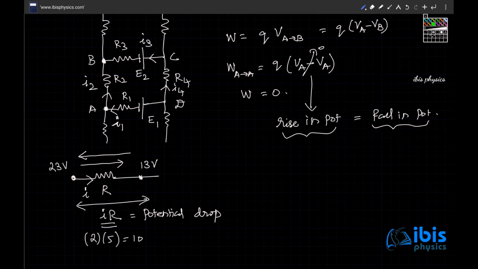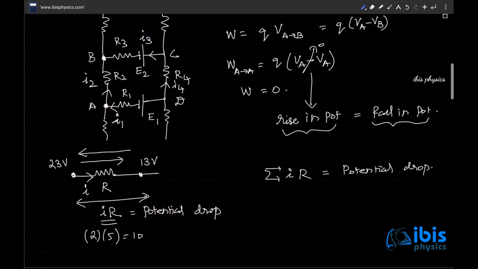So usually the summation of IR refers to potential drop. There is a drop only if you go along the direction of current. If you go opposite to the direction of current, potential increases. This is number one.